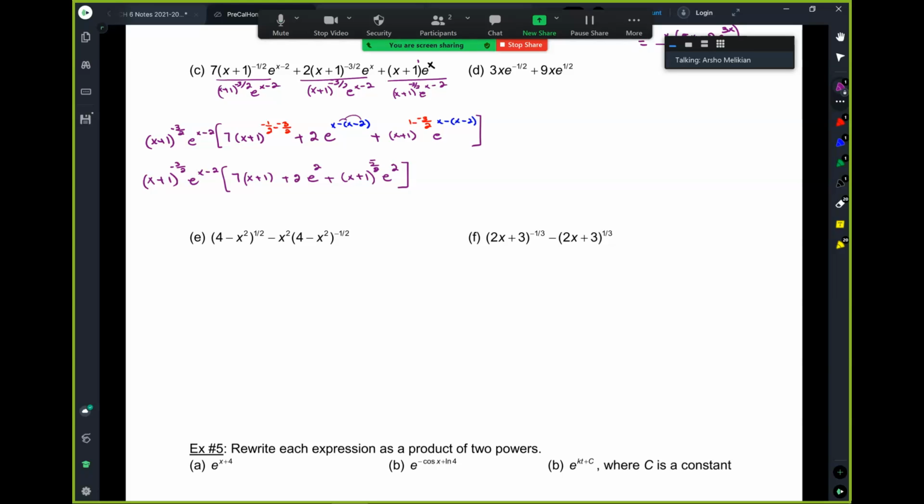You're pretty much done. Now you just have to scan and make sure you don't have any negative exponents, which here we do. So that term only has to move to the denominator. So let me see if I can fit that here. I don't think I can fit it there. So it's going to be that whole thing divided by x plus 1 to the 3 over 2.